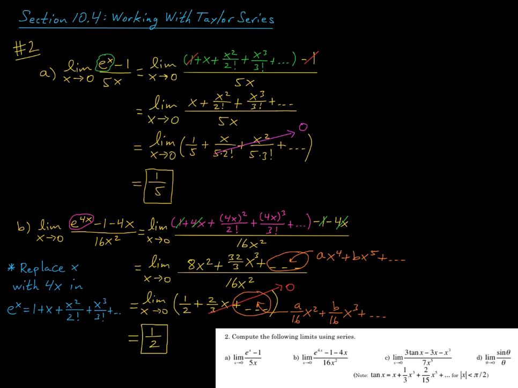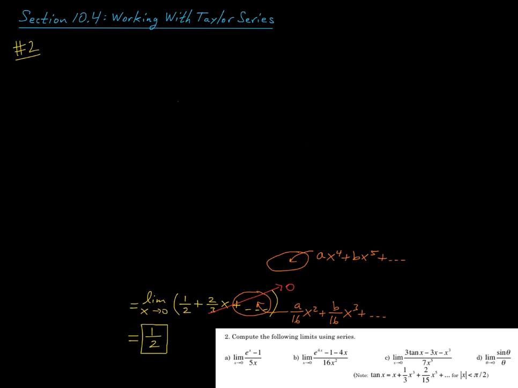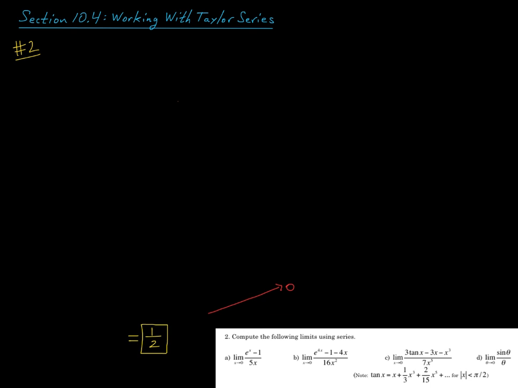All right, cool. So now let's go ahead and make some space. Check out part C. Looking at the limit as x approaches 0 of 3 tan x minus 3x minus x cubed all over 7x to the fifth. Now we don't have a series representation for tan x in the 10.4 worksheet.